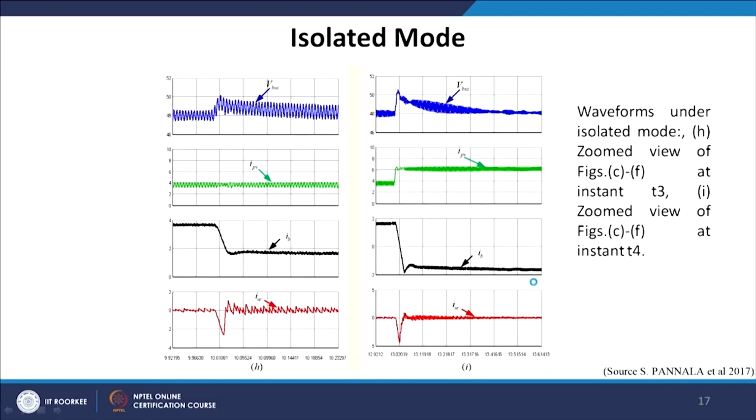Now this is the voltage characteristic slightly zoomed, and then IPV, I battery, I ultracapacitor, bus voltage.